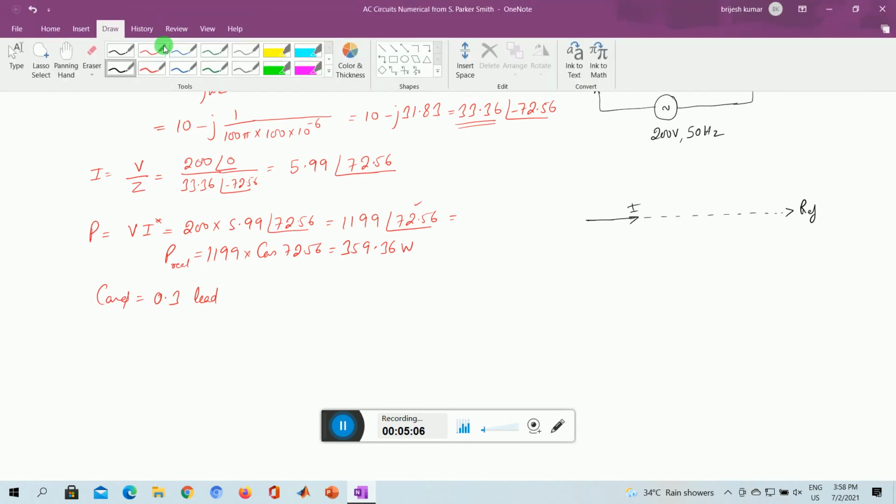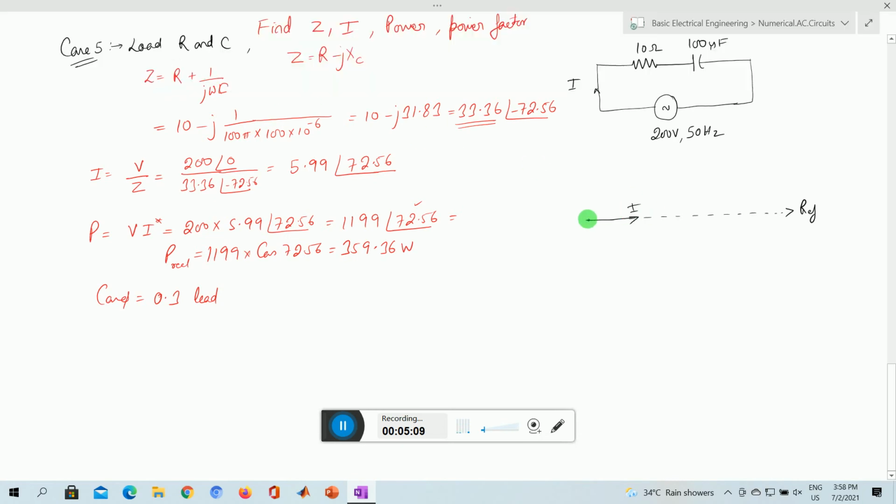The next phasor will be current multiplied with the resistance, that is IR, which is VR, the voltage across the resistor. When the current is multiplied with the capacitor, it will be minus j I by omega C. Negative j means it is in the negative y-axis. So minus j I by omega C is VC, the voltage across the capacitor.